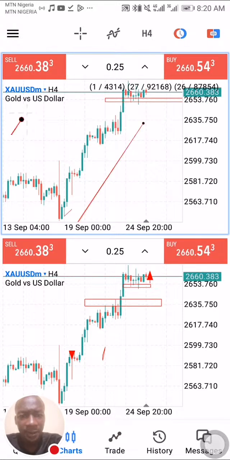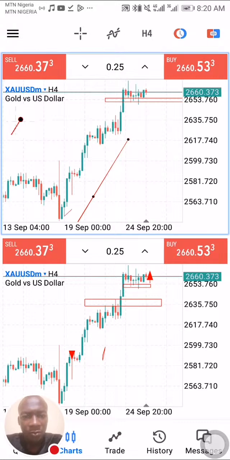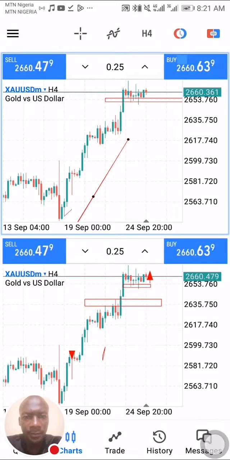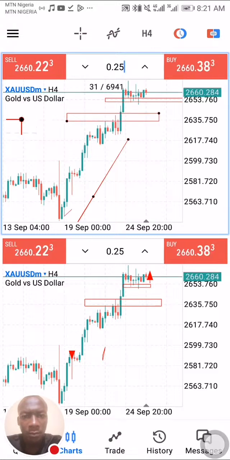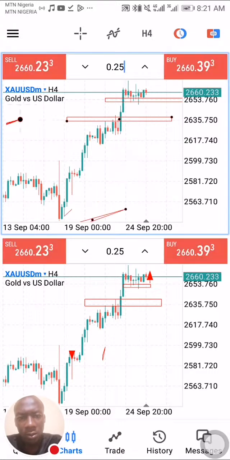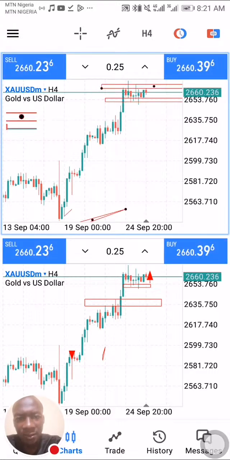So currently we have already marked out our support level here, so I'm going to mark out our resistance area. So this is how I'll mark our resistance area.